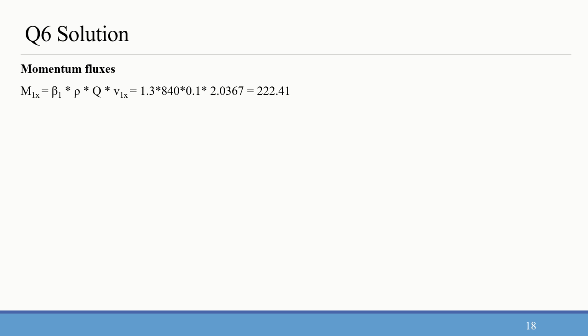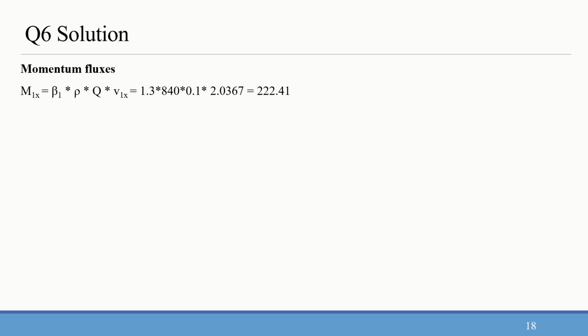So first we calculate the momentum flux: m is equal to beta, the momentum correction factor, into rho into q into v. Ideally we use mv, where m is the mass flow rate, but we don't know the mass flow rate, so we are using the density into the volumetric flow rate.